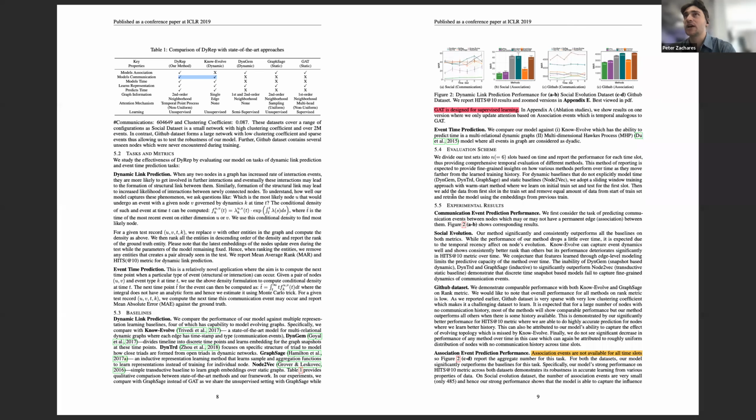They have to use mean average rank just to give a metric where the value is not 0 for all of the different baselines. But anyway, you can see that their method, DyREP, outperforms all the other methods on both data sets in terms of mean average rank.